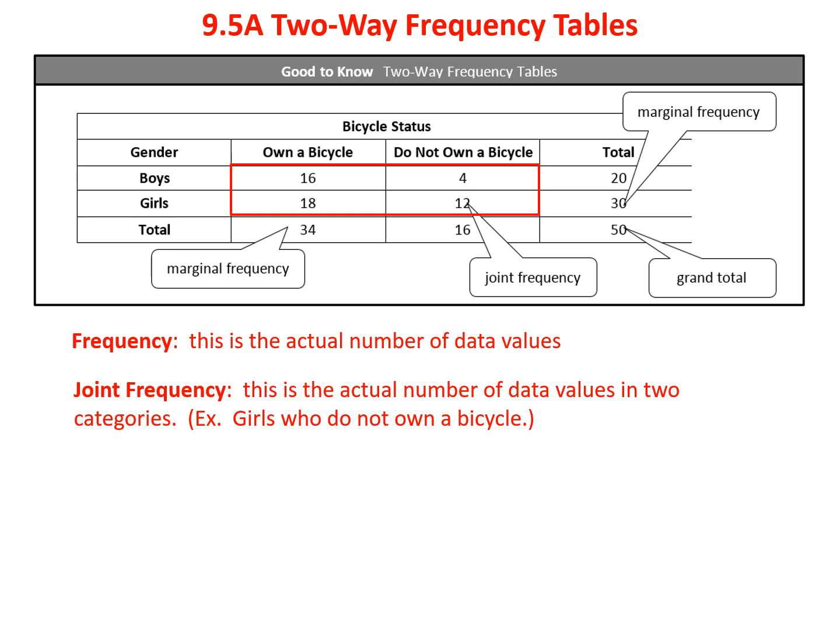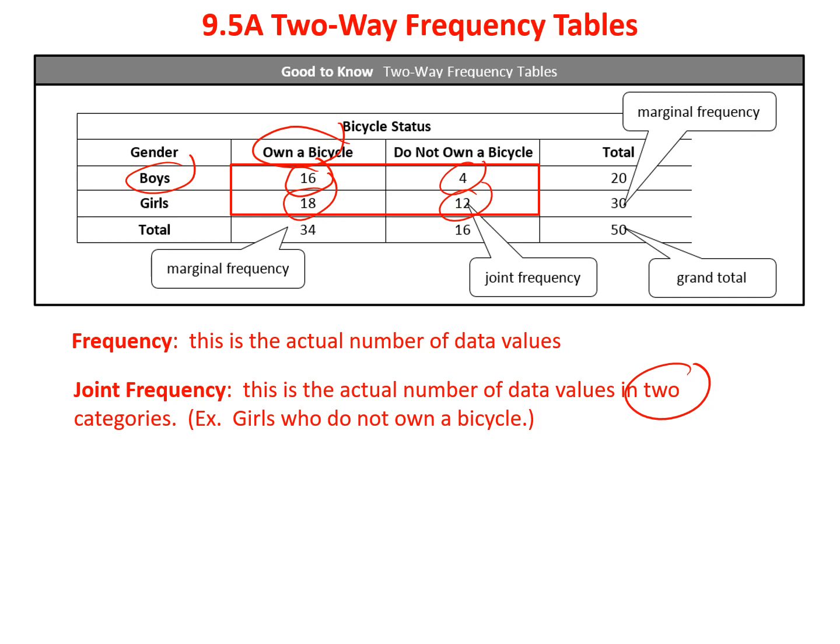So that's why, for example, 16 boys own bicycles. See, the two categories. Any of these in the red here are all joint frequencies. They tell me the number of data in two categories. This is number 4. 4 means there are 4 boys who do not own bicycles.